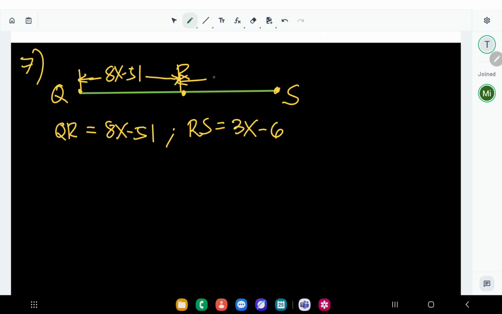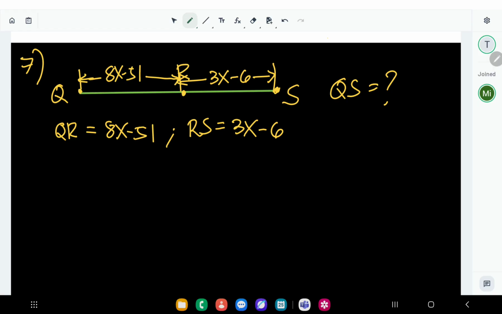So the length of RS, or the distance from point R to S, is 3x minus 6. Then we find QS. For you to solve problems like this, you have to illustrate and understand the given problem, and also state the given in the problem.